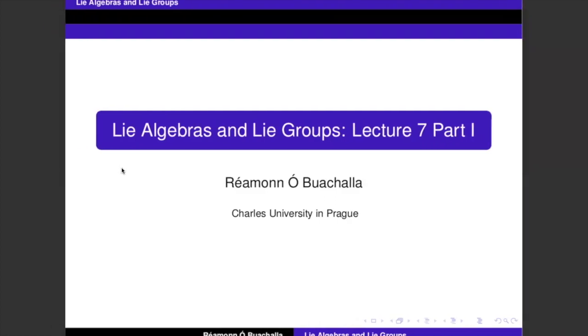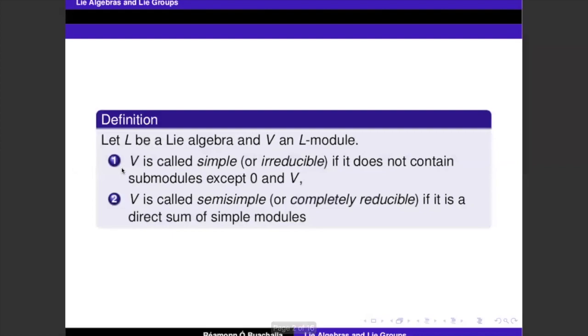In this week's lecture, we're going to be discussing representations. In particular, we're going to be talking about simplicity for representations. We spoke before about Lie algebras and simple Lie algebras, and we gave a definition in terms of ideals.